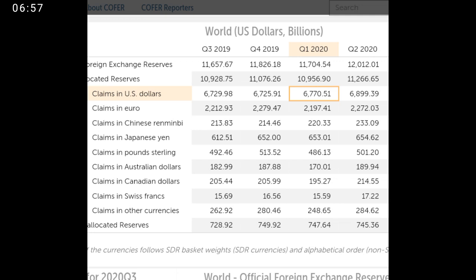Second is the euro. The third is the Chinese yuan. China is coming up. Their economy has improved tremendously. So let's continue.